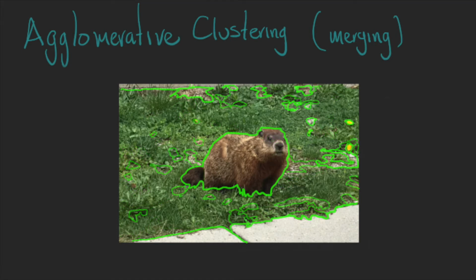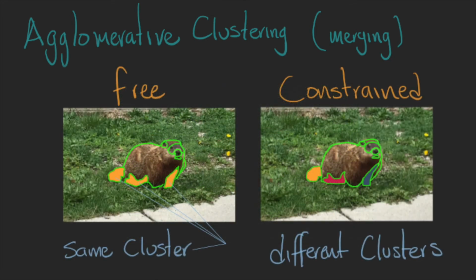It really depends on how many you want. This simple algorithm can be modified to only merge pixels that are contiguous on the image, hence preventing creating clusters with elements that are not connected in the image.